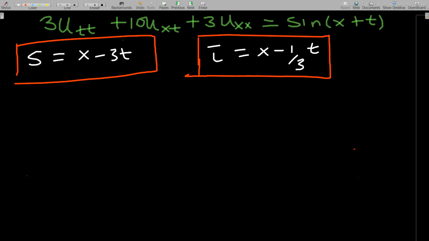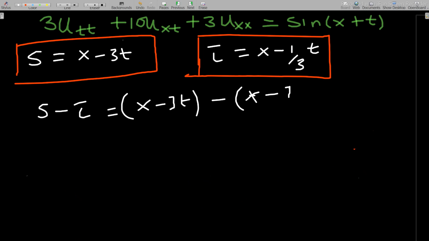So from these two equations, if I subtract them, s minus tau will be giving us what? x minus 3t minus x minus 1 over 3t.